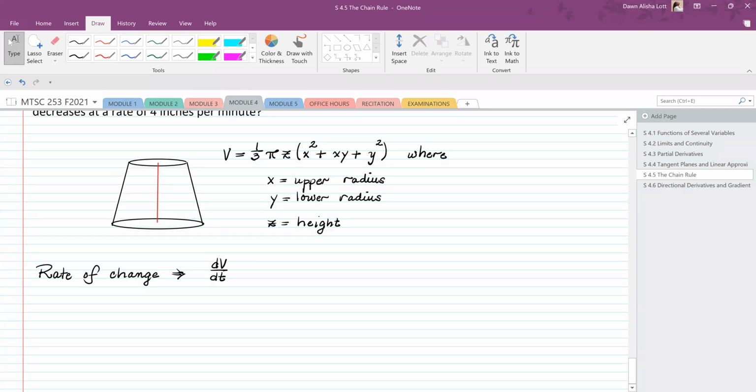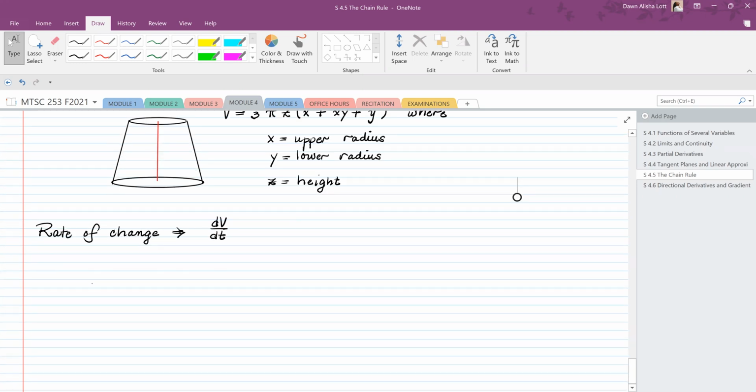Now, we know that the volume is a function of x, the upper radius, y, the lower radius, and z, the height. And each one of these is a function of time.